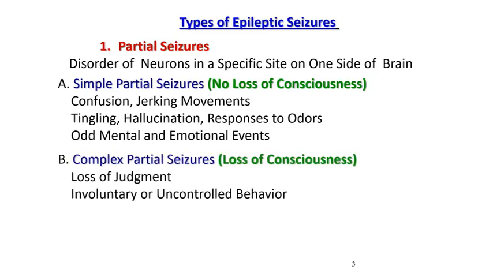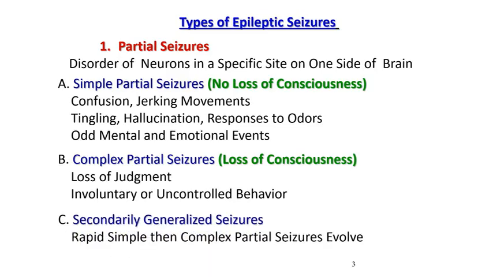Partial seizure type is a disorder regarding a specific site at one side of the brain. We can even subclassify it into simple partial seizure, complex partial seizure, and secondarily generalized seizure.